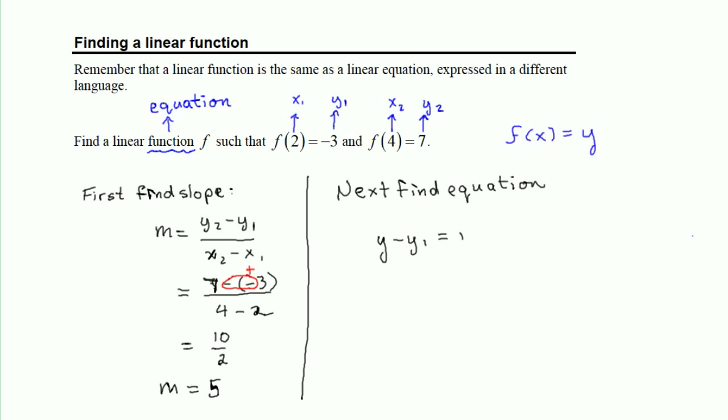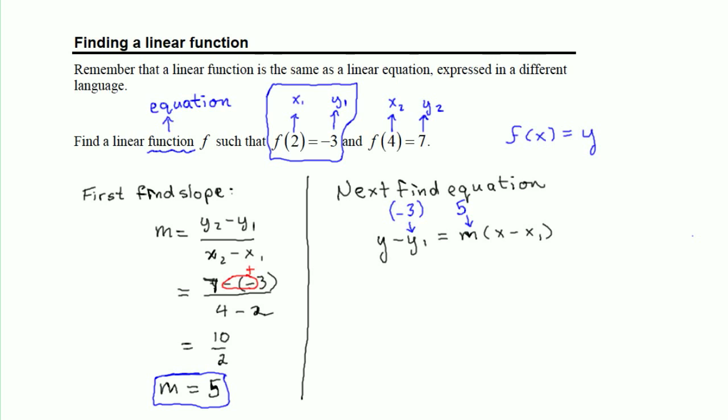Y minus y1 is equal to m times x minus x1. And into this formula I am going to plug the 5 that I found from the first step in for m. And I'll use the point x1, y1 and just kind of throw out the point x2, y2 for now. We used it to find the slope, but we only need one point at this stage to find the equation.